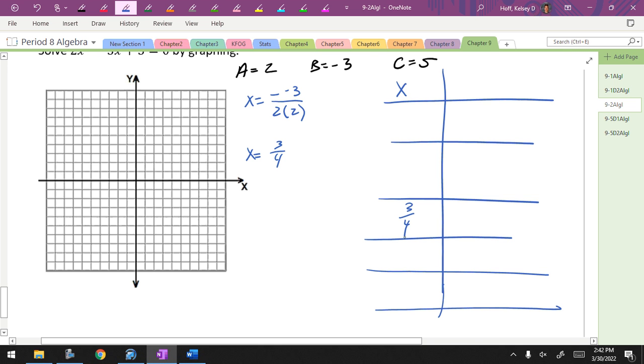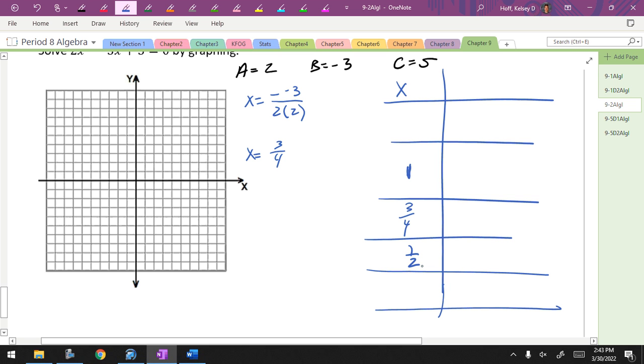Okay, I have to pick 2 things above and 2 things below. What should we pick? Okay, if I pick 1, what do I have to pick below? A half. No. They have to be equidistant from the vertex. 3/4 to 1 is a quarter more, so then you have to go a quarter less.